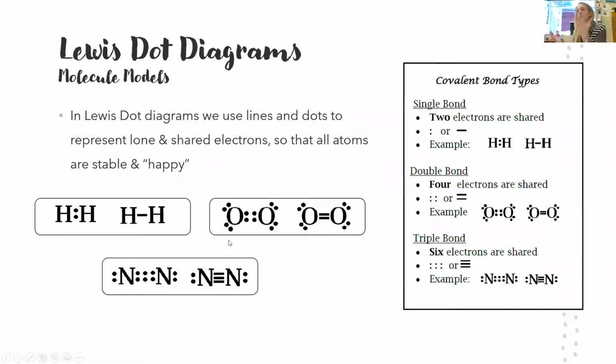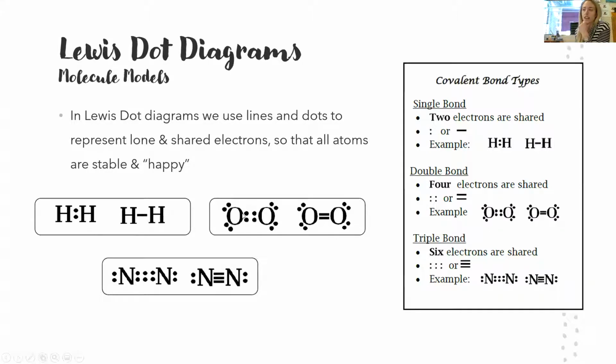All right, now we're going to talk about doing it in terms of a molecule model. So in this case, we use dots and lines to represent shared electrons. So you'll see here, there are 2 separate ways we could draw this. We could use dots to represent the shared electrons between the 2 atoms, or we could use a line. When you see these alone, away, not shared in between 2 atoms, these are called lone pairs of electrons.